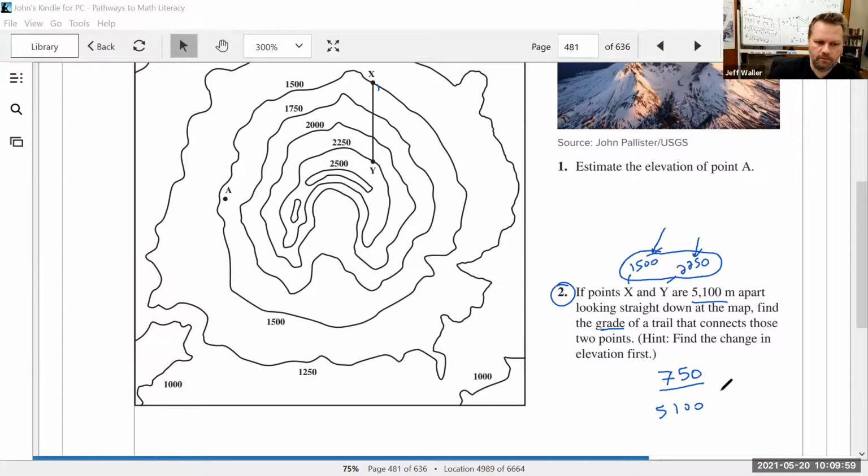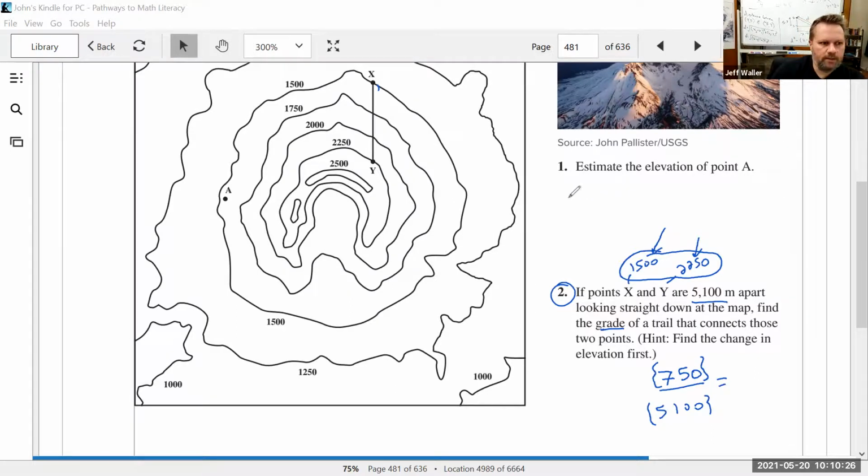Good. So isn't that rise over run? If you divide those two, you get the grade. You get the slope. So grade is what we call slope, and when related to roads and trails, we call it the grade, just to be different. So I was looking for the difference between X and Y.